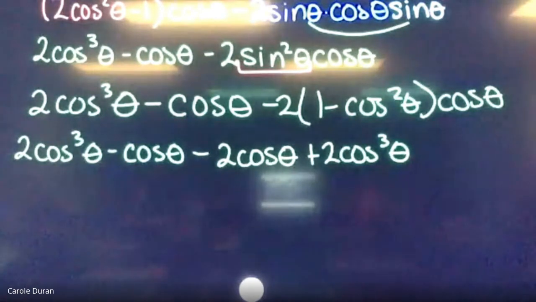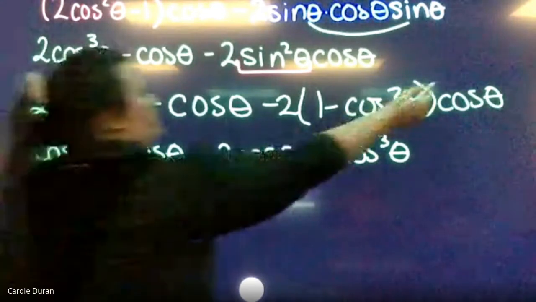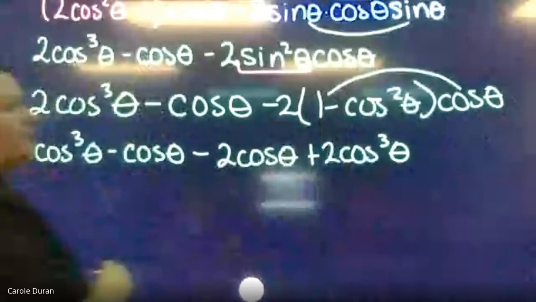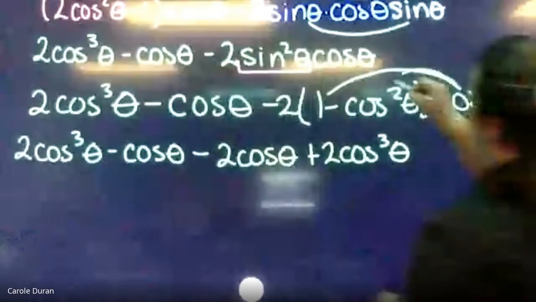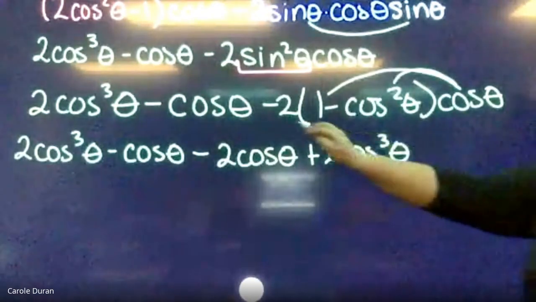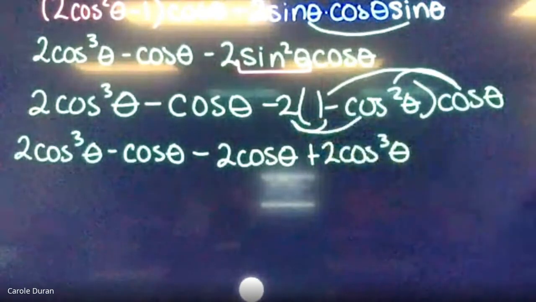Where did the cosine come from in this third one? Cosine times 1 is cosine. So I distributed this cosine into both terms inside of the parentheses, and I also distributed the 2 into both terms inside the parentheses.